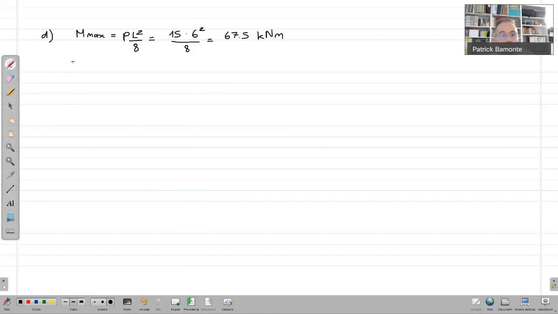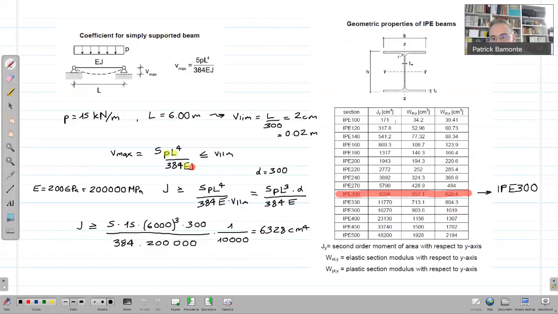How do I calculate the maximum stress? This is something we've seen in class. Assuming an elastic distribution, you simply divide the maximum bending moment, which I just calculated, by the section modulus for the elastic range, called W_el,y in this table.